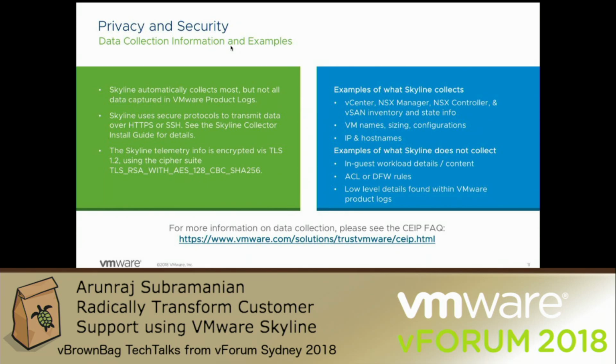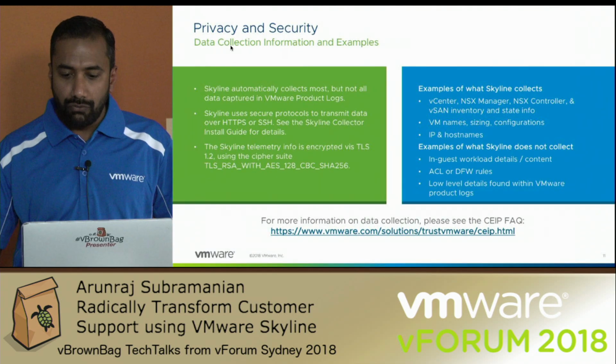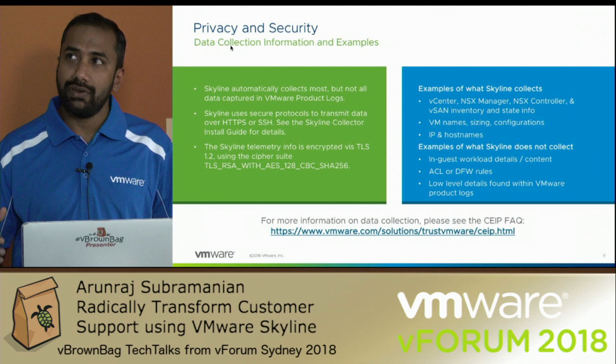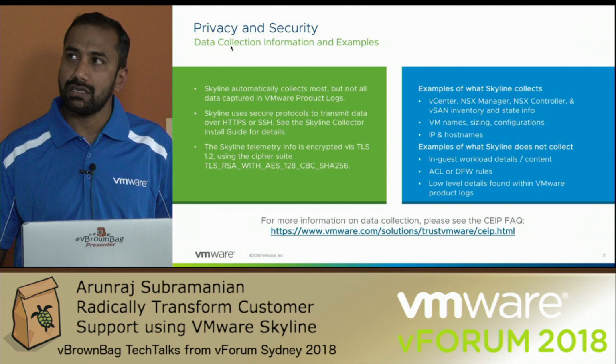Skyline uses secure protocols to transmit this data back to the VMware cloud, and it uses an encrypted channel so that it's not visible to third parties. As an example of what Skyline collects, currently we have support for vCenter, NSX Manager, and vSAN.